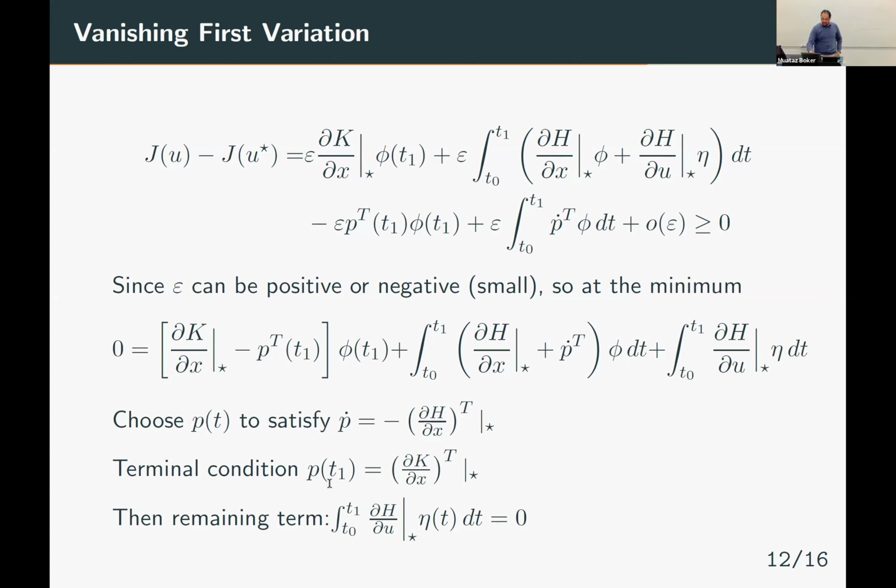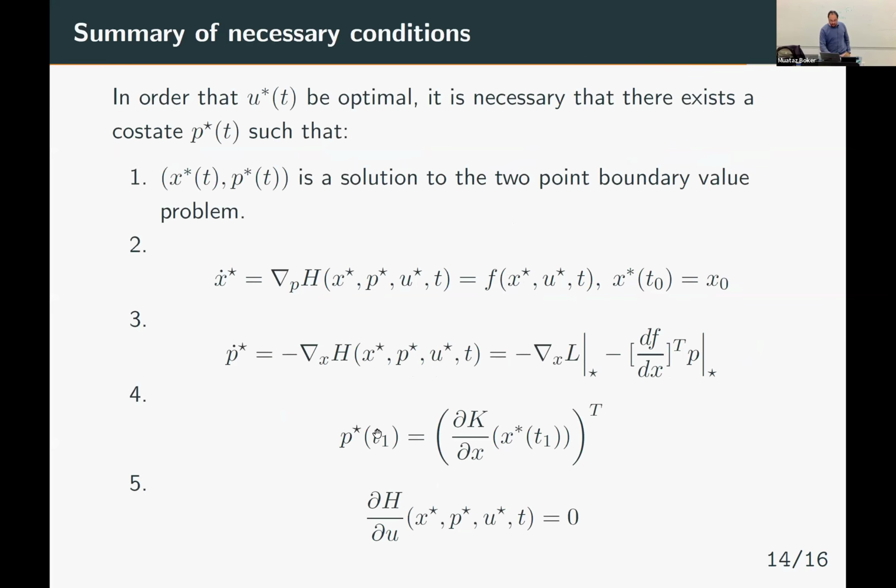So here we have the final time: P at T1 is equal to the partial of K, the final penalty, with respect to X, evaluated at X star. So P star of T1 is equal to partial K over partial X evaluated at X star, T1.